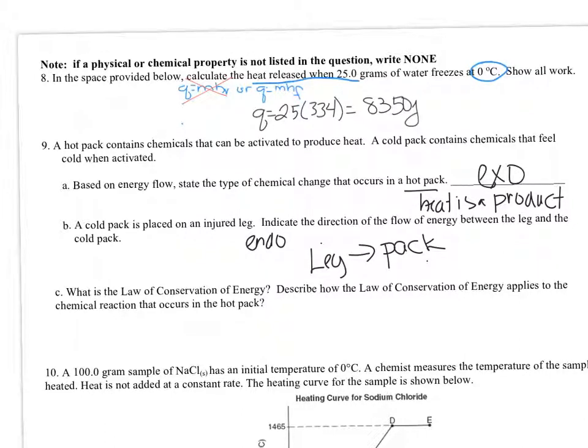So, what is the law of conservation of energy? Describe how the law of conservation of energy applies to the reaction that occurs in the hot pack. Conservation of energy means you cannot create or destroy energy. It can only be transferred.